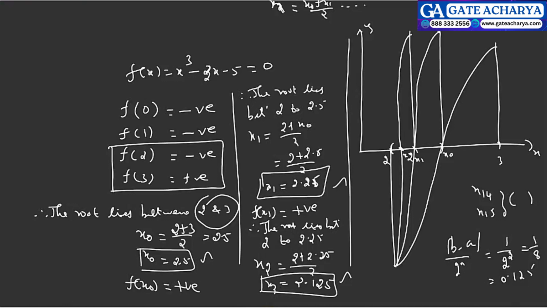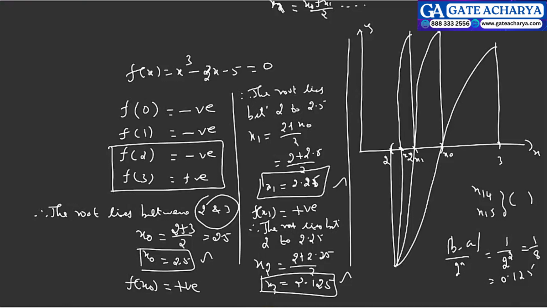What's the interval? 2, 3. Again 2, 3. To start identifying, start from f of 0, f of 1, f of 2, f of 3.